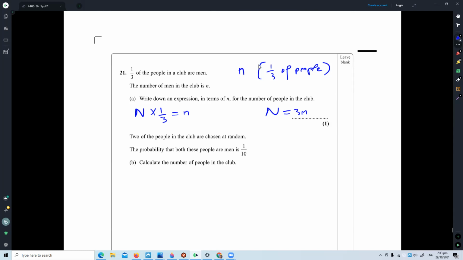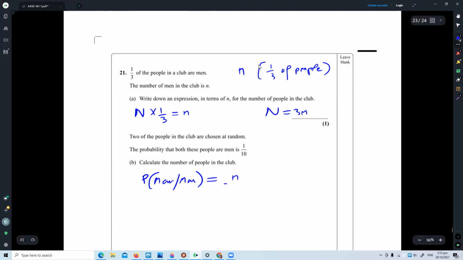Okay, so what's the chance of picking out a guy? So probability of man. First I have to pick out a guy, which is 3n people over the number of people. Oh, actually, the number of men is little n, sorry.